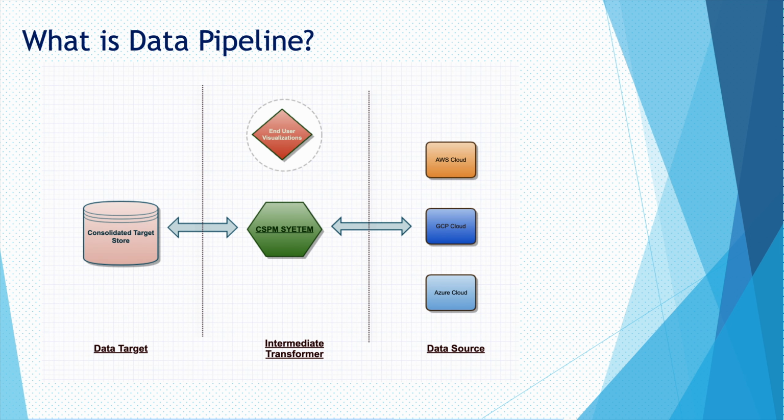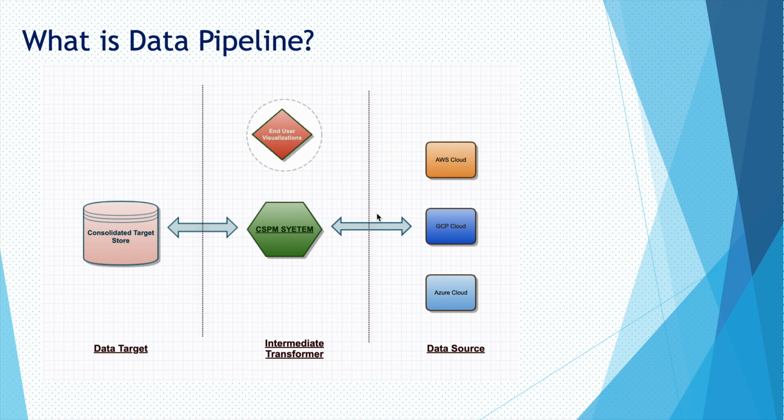So a data pipeline is passing data from one particular source through a series of stages to a destination. In this diagram, you can clearly see that we have AWS cloud, GCP cloud, Azure cloud. That means we have different public cloud infrastructures. We want to move that data to a particular central location where we are storing the entire data.